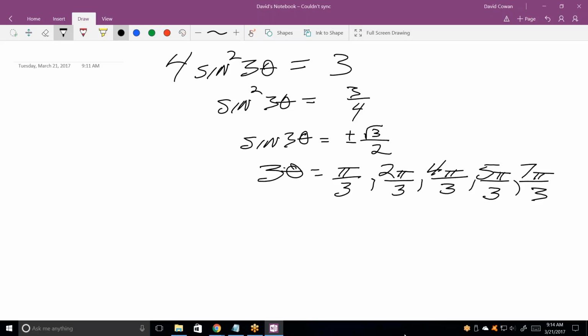And of course theta is all of these divided by 3. That's always the next step, to divide by your 3. So pi over 9. So theta, you start with that one.